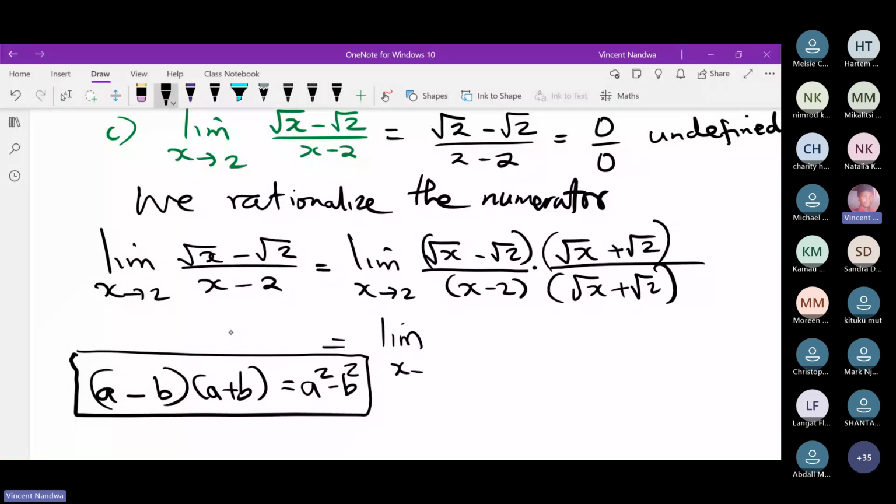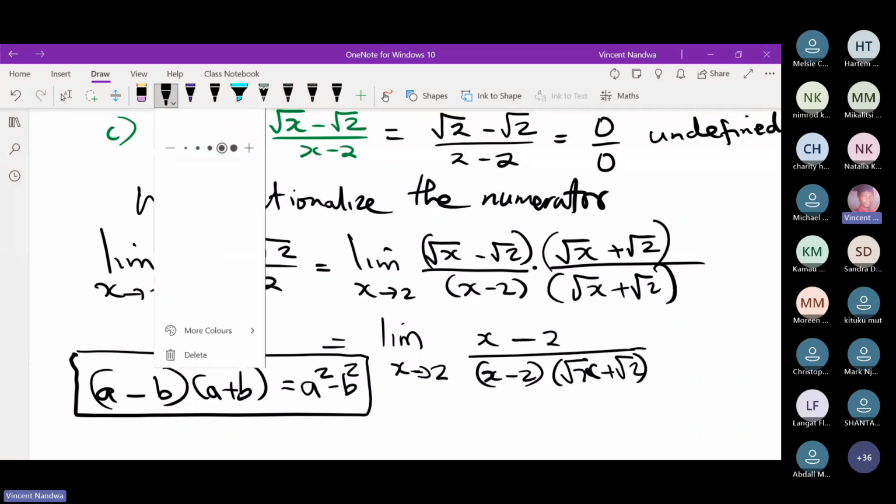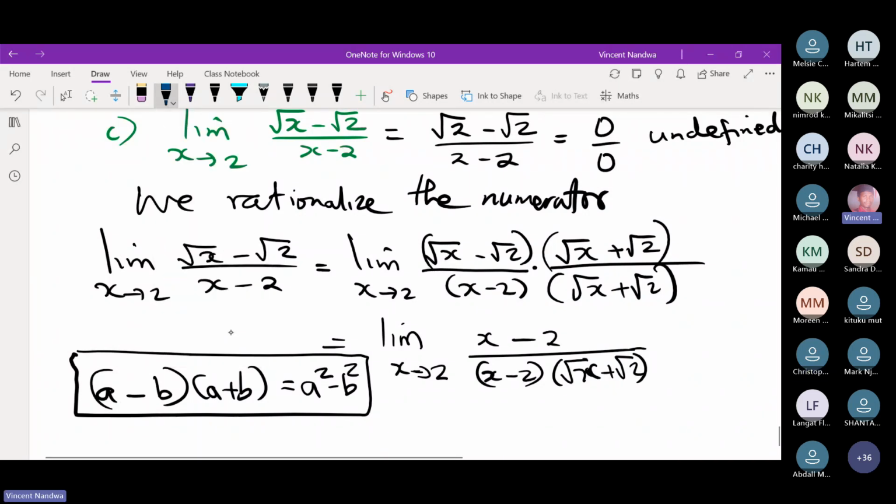So as x approaches 2, we get x, because the root of x squared is just x, and the root of 2 squared is just 2. You don't have to open this denominator, just leave it the way it is: x minus 2, then root x plus root 2. And you will not be committing any sin by putting brackets here.